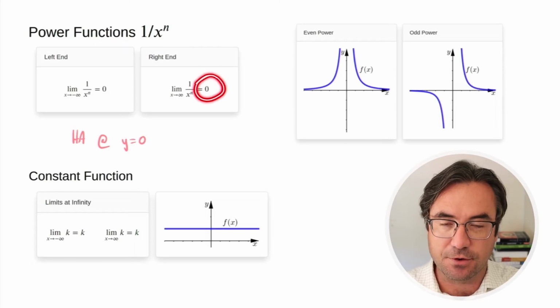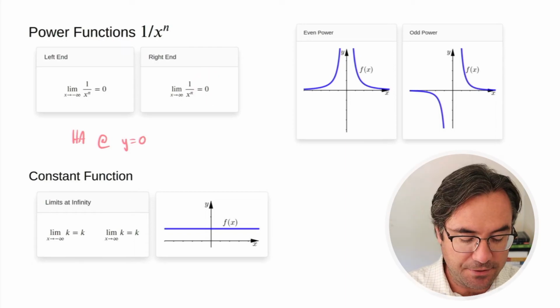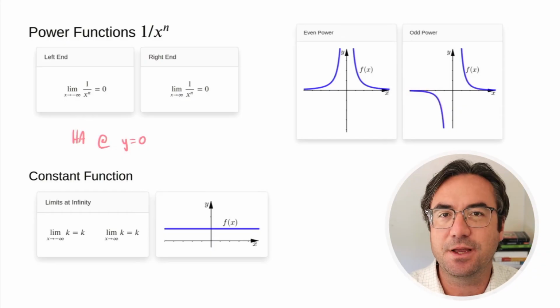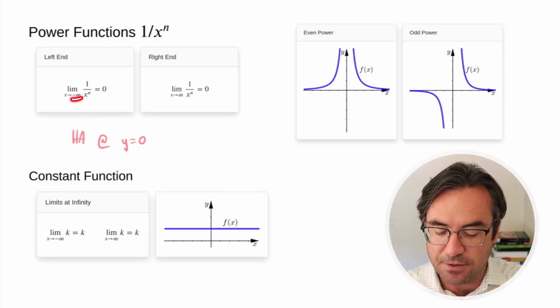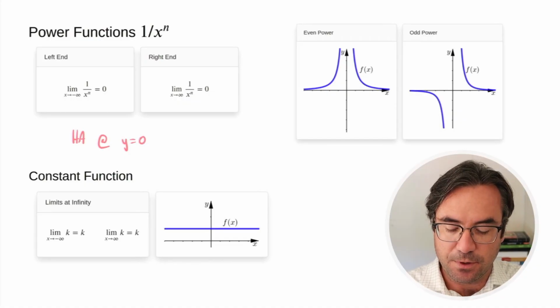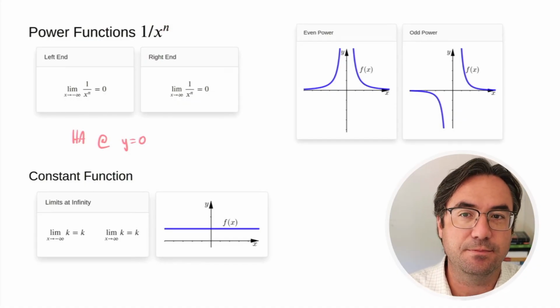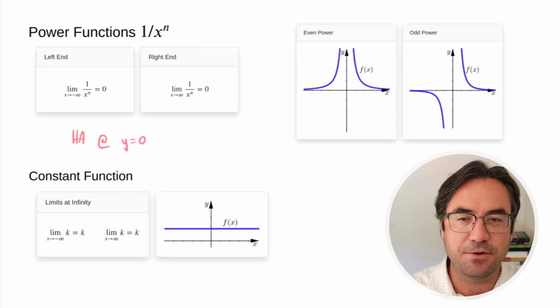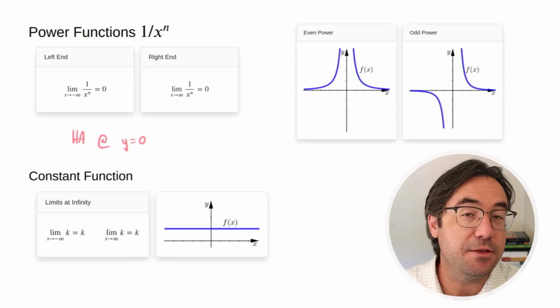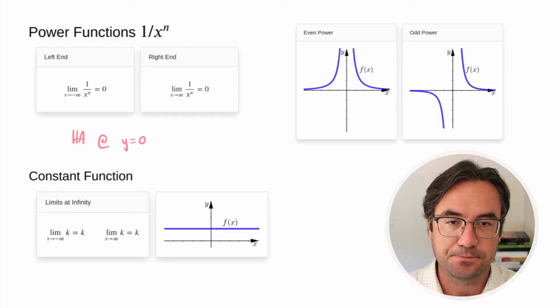So the right end behavior is 0. And if we look at the left end behavior, we're also getting close to the x-axis, just from the other side. So even in the left end behavior, it's still 0. So these are nice. It really doesn't depend on if the exponent is even or odd. These 1 over x to the n's, the limit in either direction is 0.